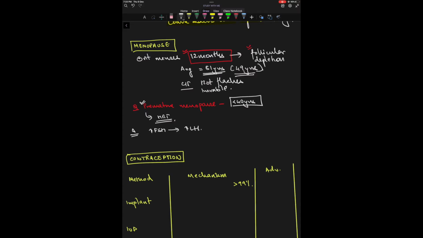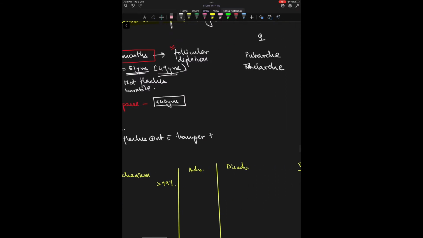And for treatment, HRT is given. What is the indication? Only when there are hot flashes present which hamper the daily activities, because as you know, excess of HRT may lead to increase in the incidence of breast cancer.